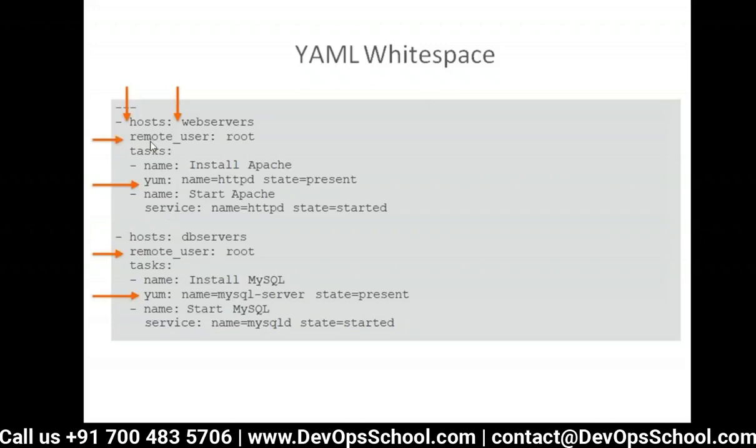Come back to this. You see here, play one, play two. This play will execute on the web servers. What is the web servers here? Any idea? It is a group in the inventory.